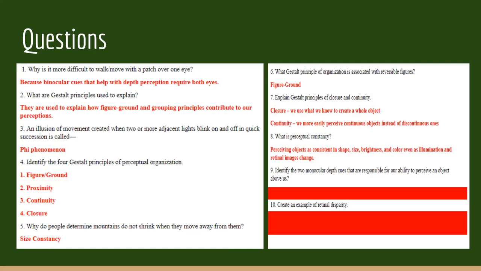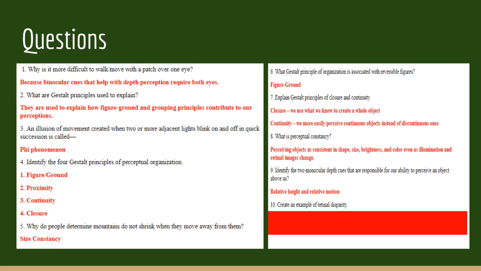Identify the two monocular depth cues that are responsible for our ability to perceive objects above us. That's relative height and relative motion. I didn't really go into that much depth about that, but both of these involve us being able to see something above us. We only need one eye for both of those, right?